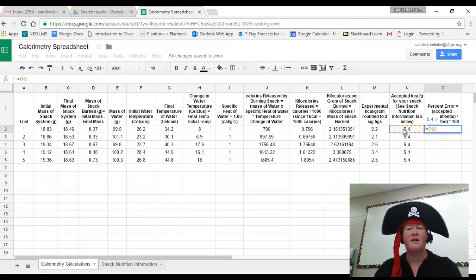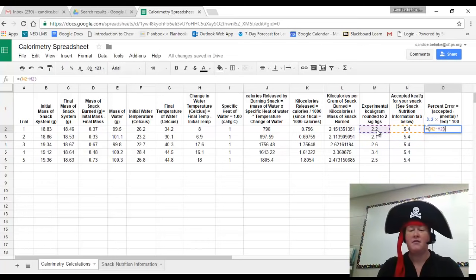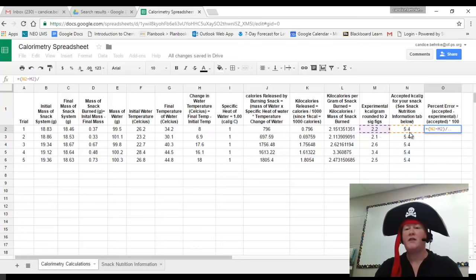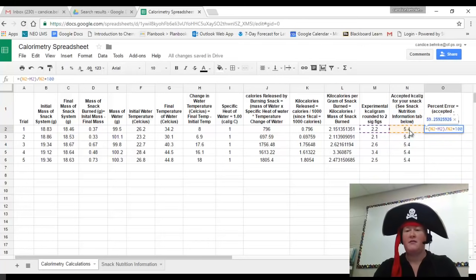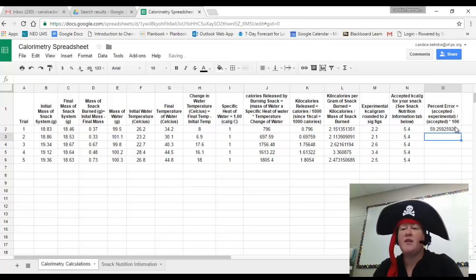It's in cell N2, minus my experimental value, which is in cell M2, end parentheses, divided by the accepted value, which is the value in cell N, times, which is the asterisk, 100 equals. You can see here we have a 59% error.